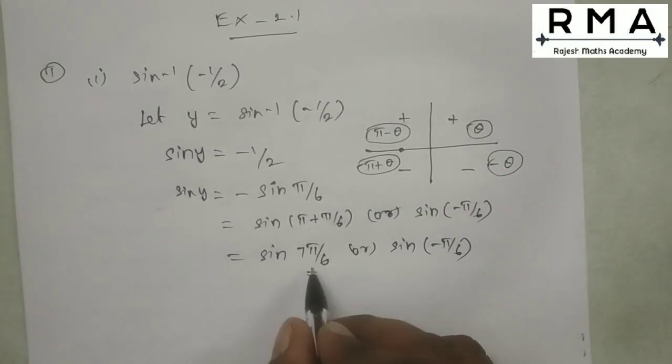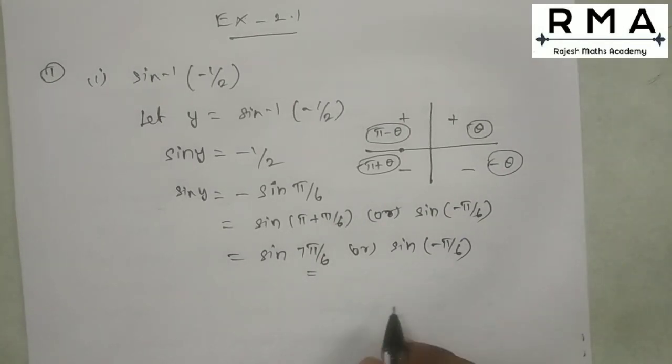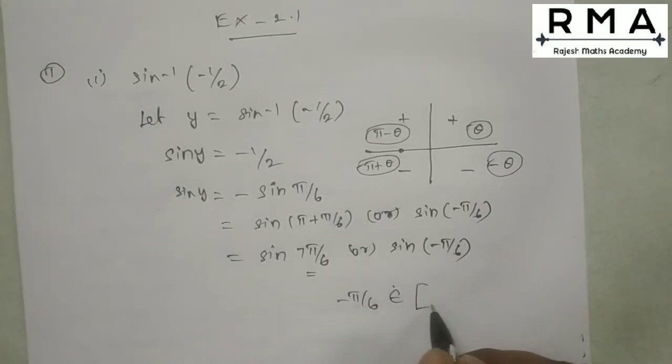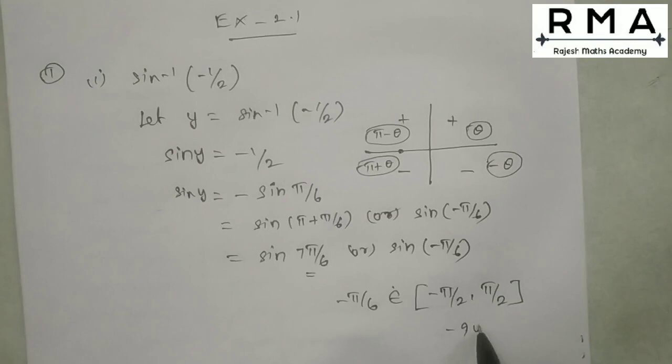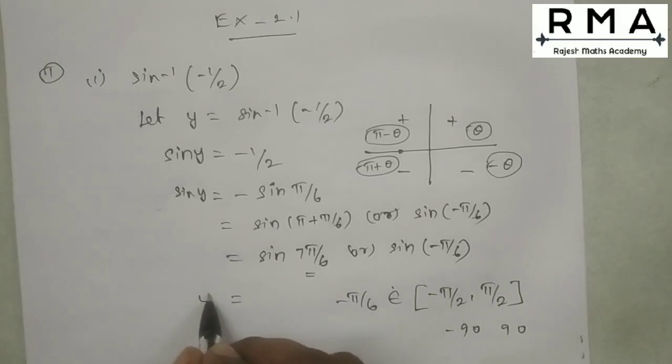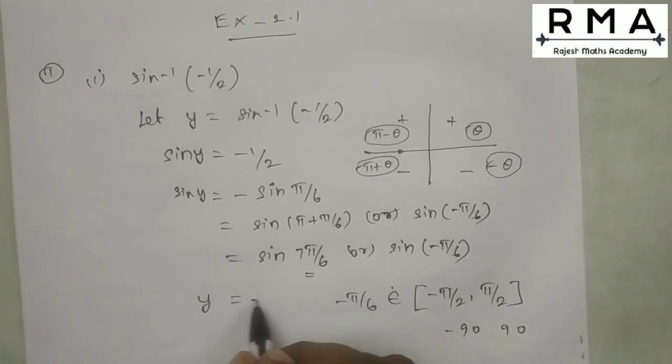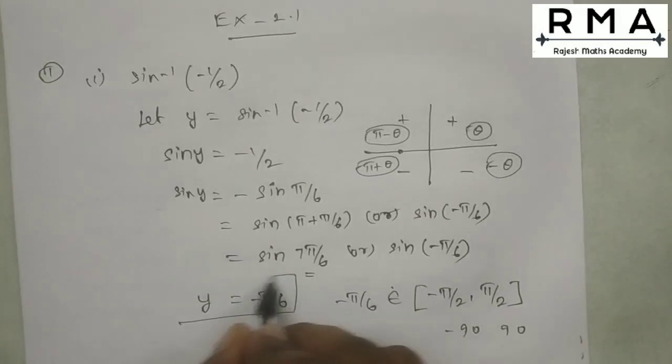So that particular value must lie in the interval. Clearly we can say that minus pi by 6 belongs to the closed interval minus pi by 2 to plus pi by 2, that is minus 90 to plus 90. This minus 30 is available in the interval. So I can write y equal to minus pi by 6.